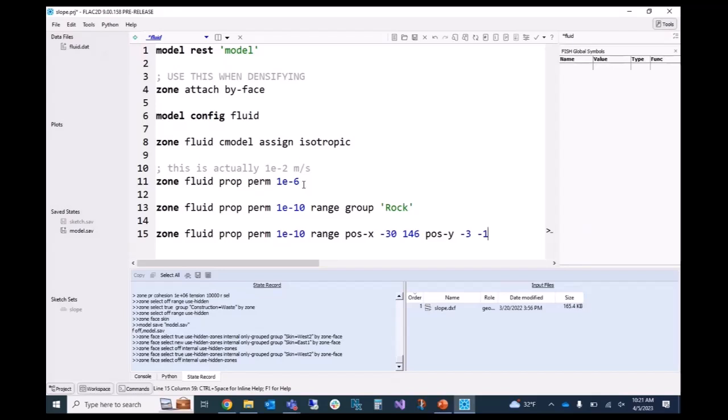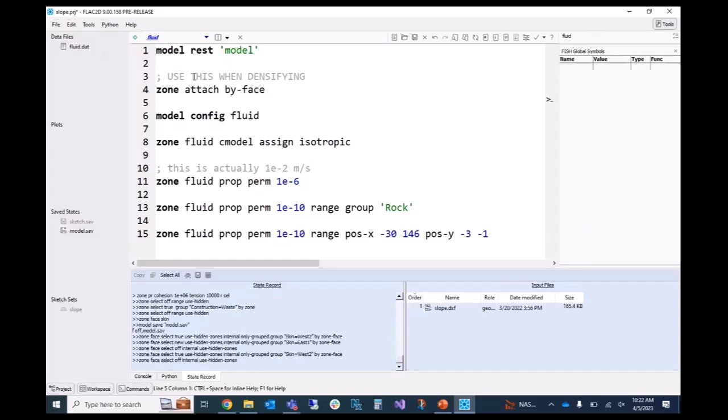This was actually a little bit of trial and error to try and pick off a layer of zones that I could give a low permeability to. Maybe if I was doing this in a real life project for an actual client, I would draw in a layer there and make sure that it worked properly. In this case, we're just sort of hacking it by picking a row of zones here, and I'm kind of fudging it by eye to say, yeah, between Y minus 3 and minus 1 is basically where I want to have this low permeability layer.